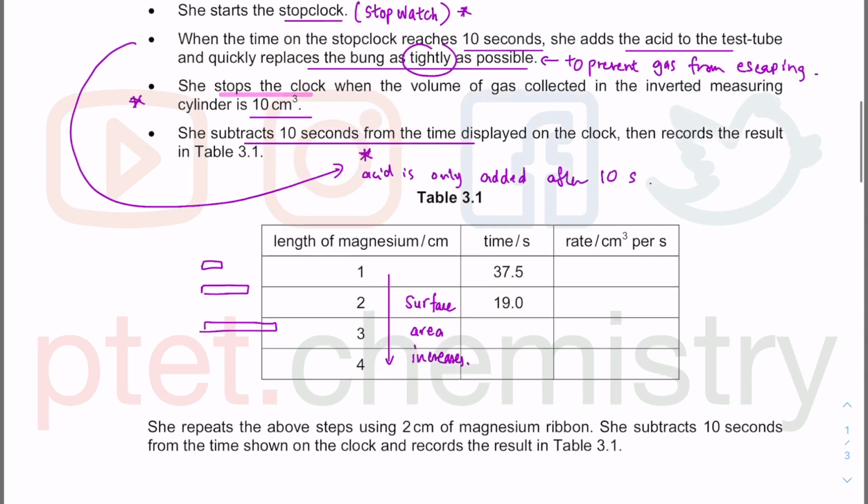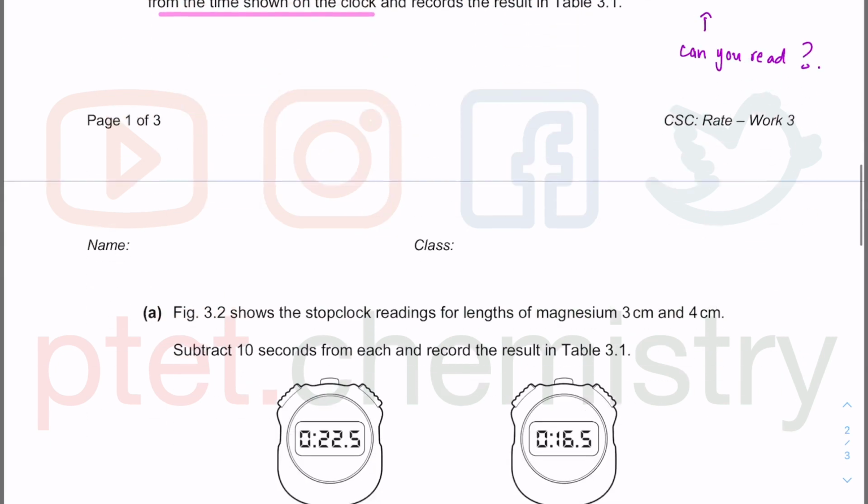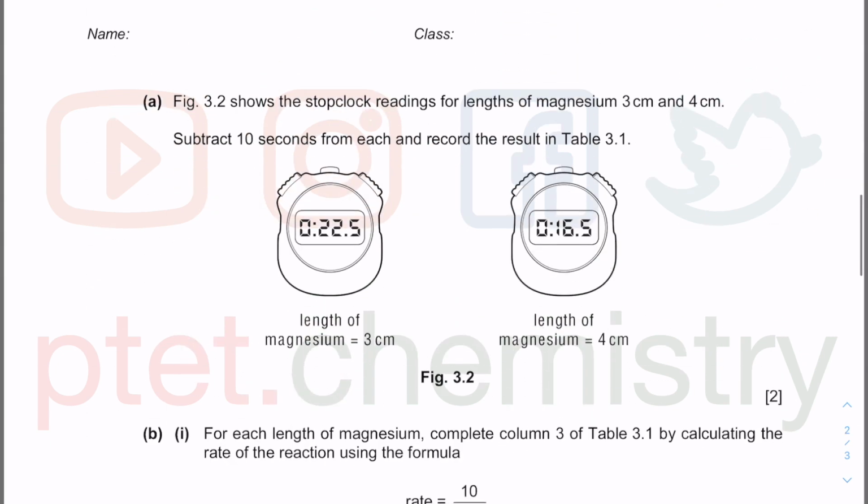So what happened with the time? We need to read the time here. She subtracts 10 seconds from the time shown on the clock. This is very, very important, because this shows if you can read. Can you read the instruction? Have you read the instruction? Based on this, we've already subtracted 10 seconds. So based on our stopwatch here, remember, subtract 10 seconds from each one.